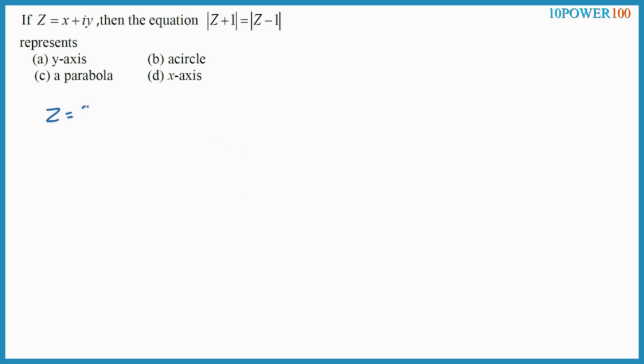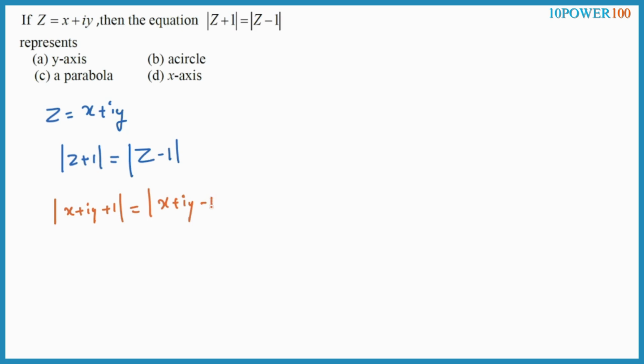So z is equal to x plus iy. Now here, mod z plus 1 is equal to mod z minus 1. Let's replace these values: mod of x plus iy plus 1 is equal to mod of x plus iy minus 1.